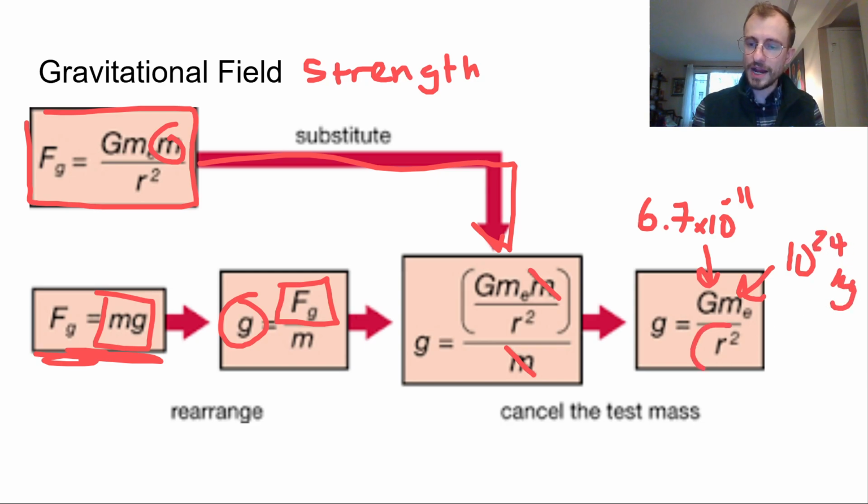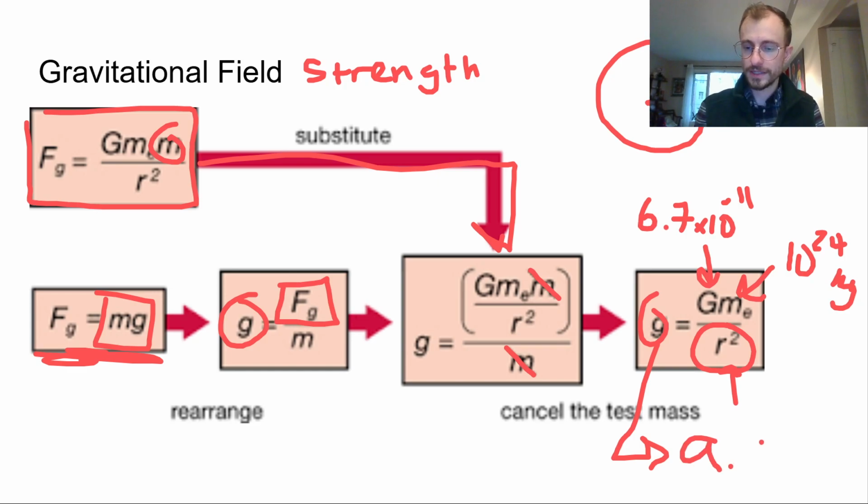And then divided by r squared. Now, what's the r value for you on the surface of the Earth? If this is the Earth and this is you standing on it, the distance between your center of mass and the Earth's center of mass is functionally just the radius of the Earth. So we divide by the radius of the Earth squared, and when I put all of those numbers together in a calculator, g spits out to be, you guessed it, 9.8.